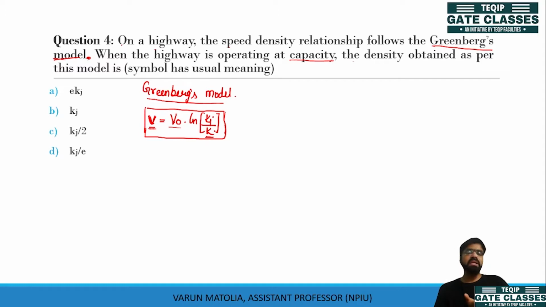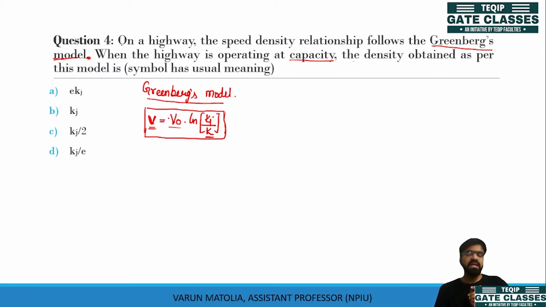The velocity will be equal to 0. If your density is 0, means the vehicles are running with free flow speed, this value will be infinity, and the V will be equal to V naught.